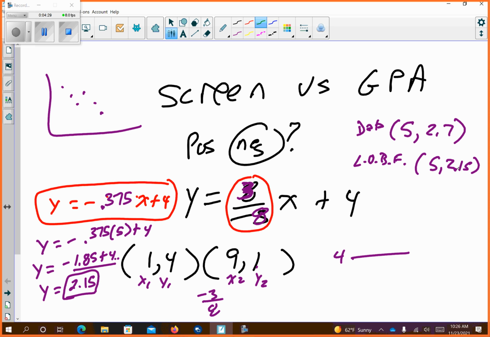So basically they wanted us to subtract our answer, 2.15 minus 2.7. And so we should get a negative 0.55. We're not worried about the residuals too much, but it basically means that our line of best fit underestimated or something like that, but that's not really vitally important.